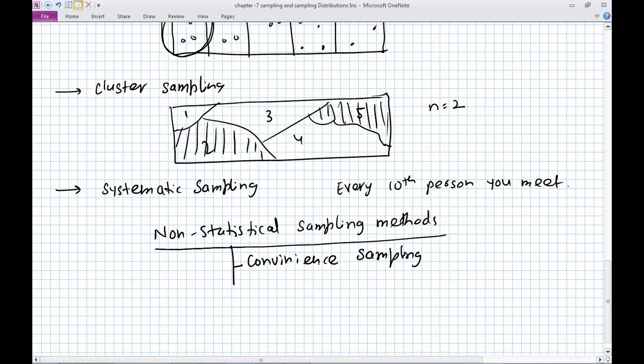And if the quality is good, they will accept the entire truck, or they will send it back. So convenience sampling obviously is not a statistical sampling, but given the practicality or economics, it will be very expensive really to take a simple random sample from every corner. It will not be practical. So people go for convenience to save time.